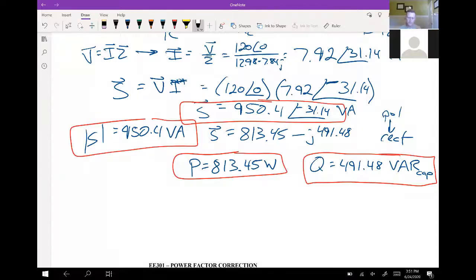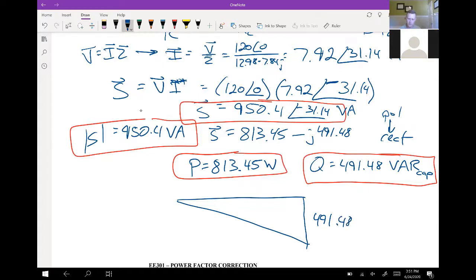So one more thing is if I had to draw the power triangle for this, so I've described it as VAR capacitive, but I would also need to draw the power triangle going down like this, right? Because it's capacitive, so this should be 491.48. This angle is going down from where it's flat, right?